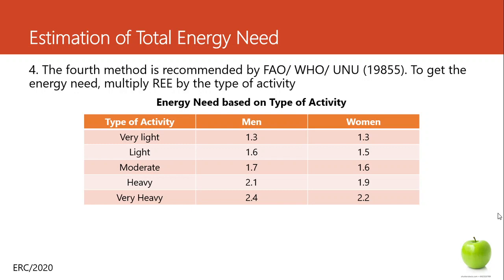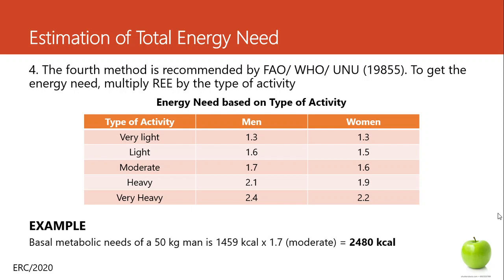And very heavy, 2.4 for the male. And for the women, for the very light, 1.3. Light, 1.5. Moderate, 1.6. For the heavy activity, 1.9. Very heavy activity, we have 2.2. So for example, you have the basal metabolic needs of a 50 kilograms man is 1,459 kilocal. Then multiplied mo siya for 1.7 because moderate, we have arrived with 2,480 kilocal.